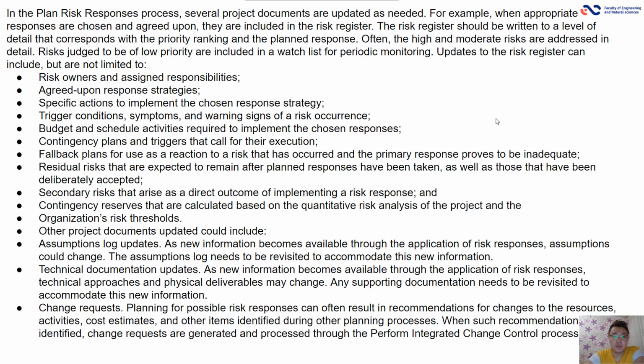Updates to the risk register can include risk owner and assigned responsibilities, agreed upon response strategies, specific action to implement the chosen response strategy, trigger conditions, budget and schedule activities, contingency plans, fallback plans, residual risk, secondary risk, contingency reserves, and organization's risk thresholds.